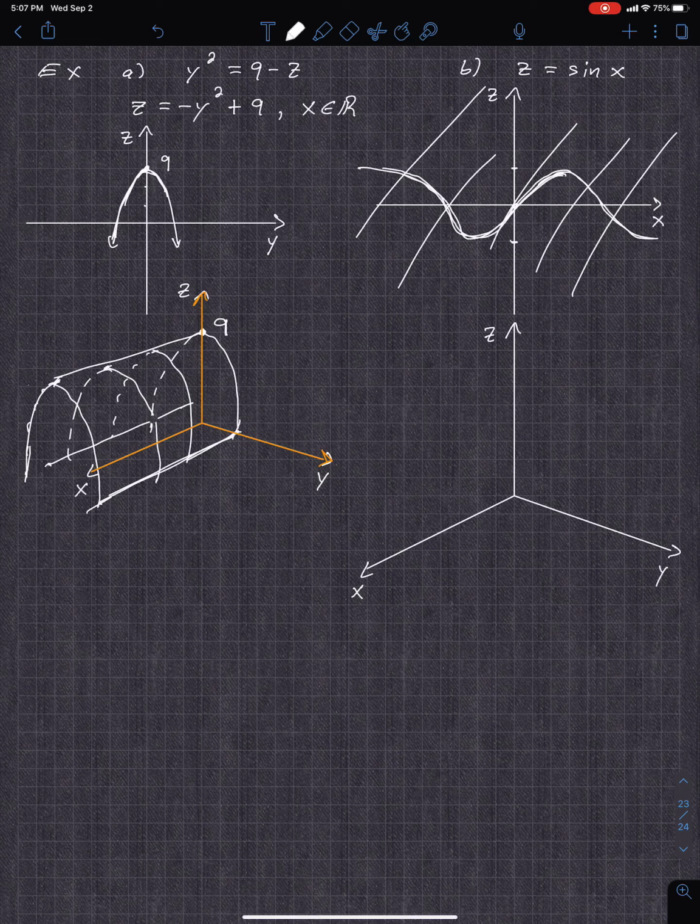I'll label some points here. This one I actually did go back to make, and then I erased that and made it dotted, so you can kind of see it a little better maybe. And how you make this look better is you do large and then you make it smaller, and large and then smaller.